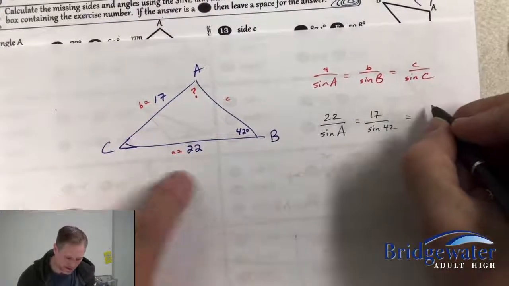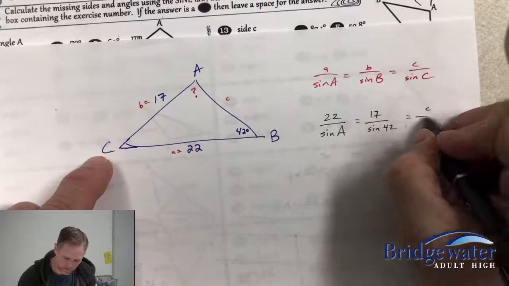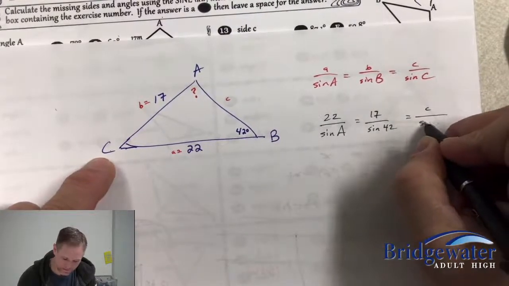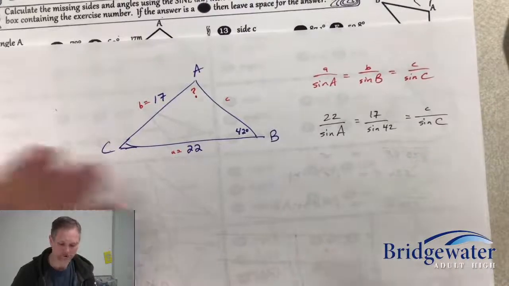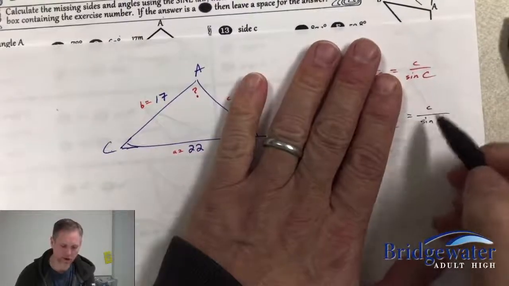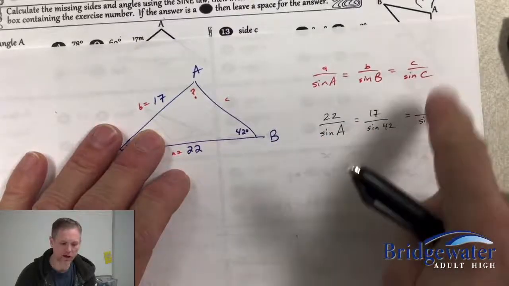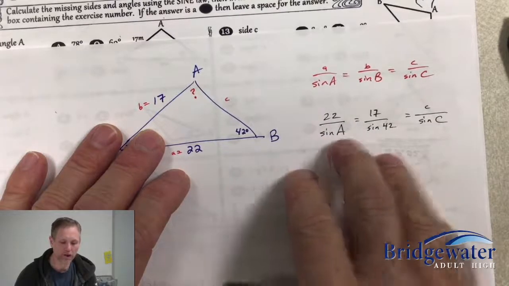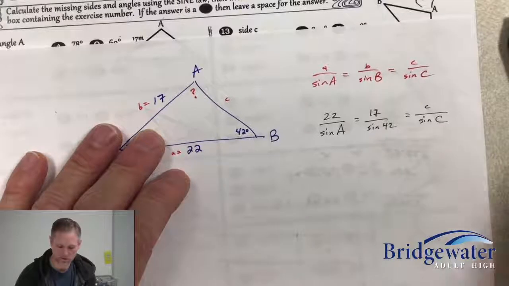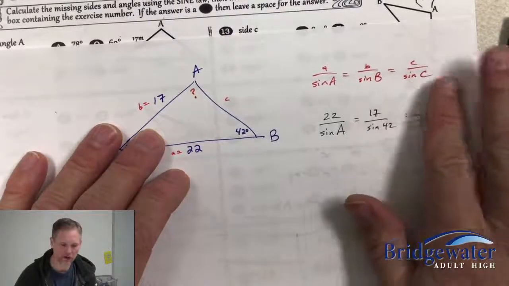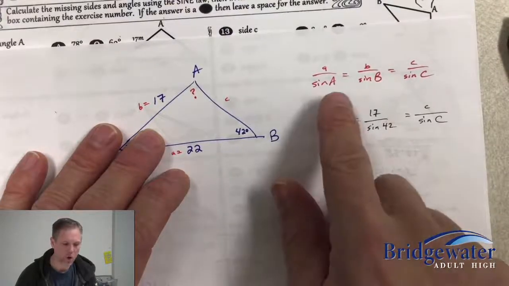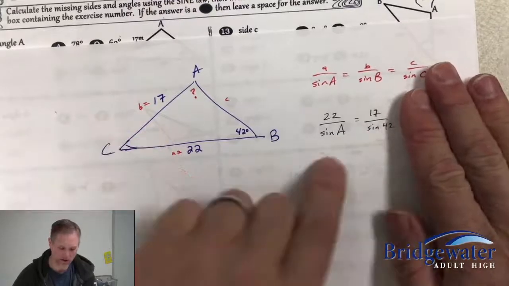Okay, and little c is unknown, and capital C is unknown. So basically, for this part of the equation, there's 2, 4, 6 items here. We need 3 out of 4. So there's nothing here. So this is kind of useless to us.